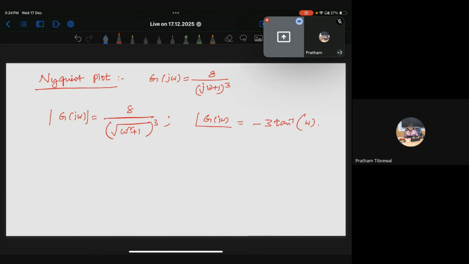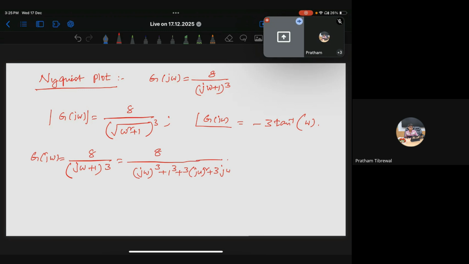Now, for drawing the Nyquist plot, consider this G of j omega, 8 by (j omega plus 1) whole cube. If you expand it, what you get is 8 by (j omega cube plus 1 plus 3j omega square plus 3j omega) whole cube. I hope this is clear.